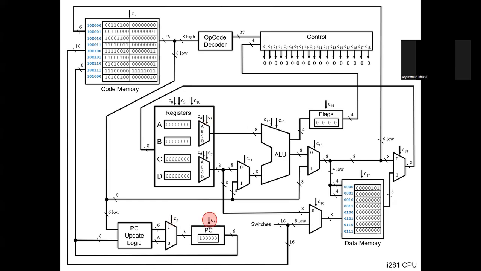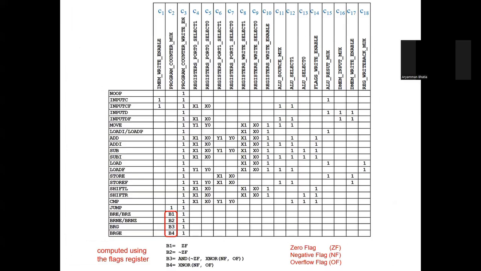That's what the program control update logic does. Then we have C3, which is enabled to whether we want to go or no. C4 and C5, C6 and C7 we have discussed. C8, C9. So yeah, basically all these are different. You can see the purpose of all of these here.